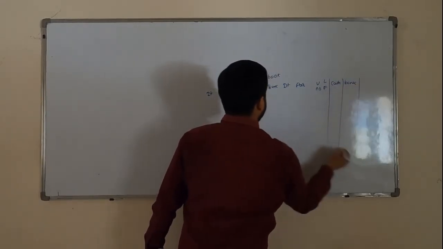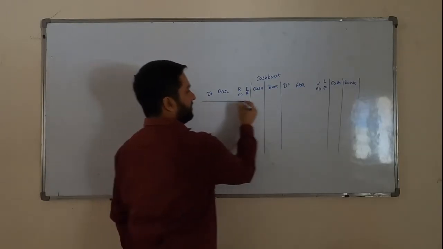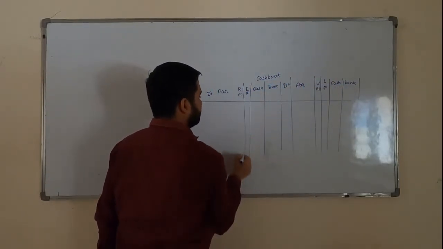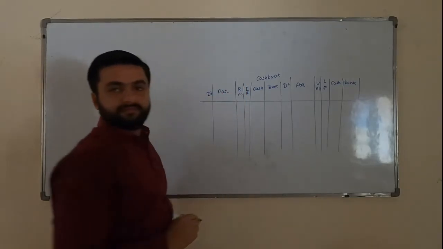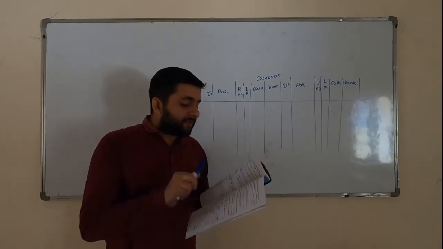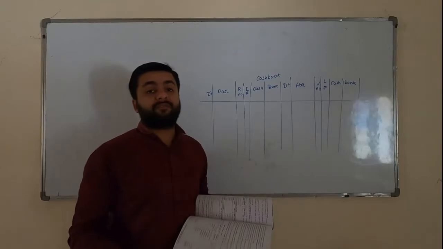Now the thing which is important to understand is these both columns. Now what they are writing, please try to understand. Suppose this is a cash book. Now what they are telling, that cash purchase recorded on payment side of cash book in bank column.